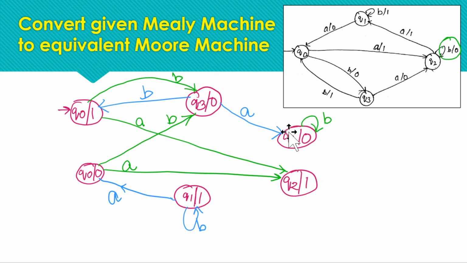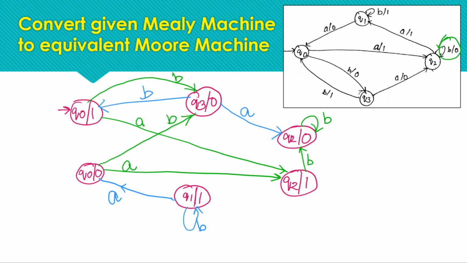So for Q2 with output 0 we will be having a self loop, but from another Q2 with output 1 we are having a single transition to Q2 with output 0, like we have done in the previous questions. So this transition is complete.